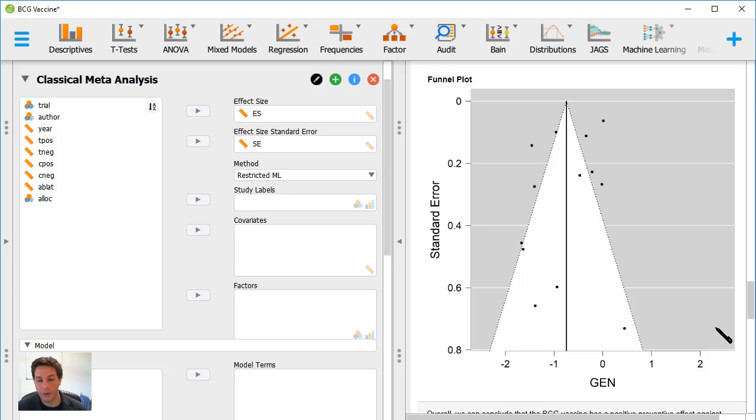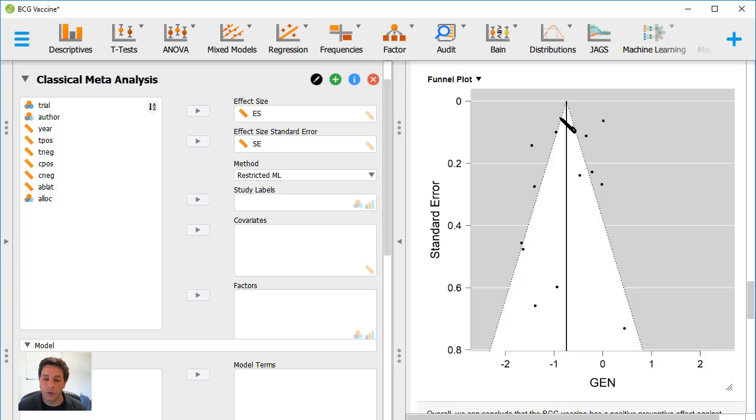And the rationale is the following. The studies that have a small standard error should be close to the overall effect size, and studies that have a larger standard error should be more spread. So that's why we've got this funnel or triangle. Here we've got the standard error of the study, and this is the effect size.